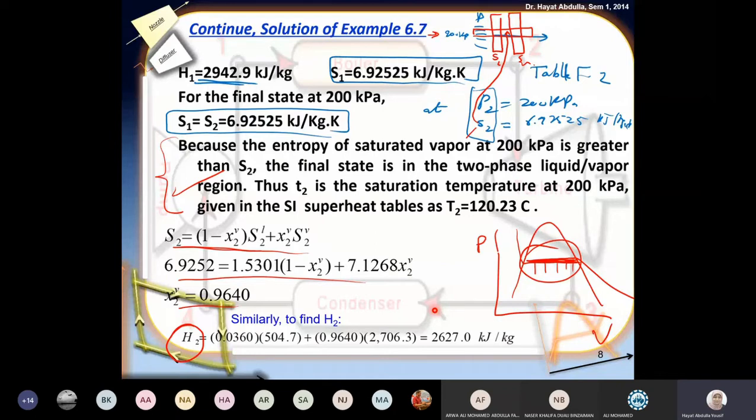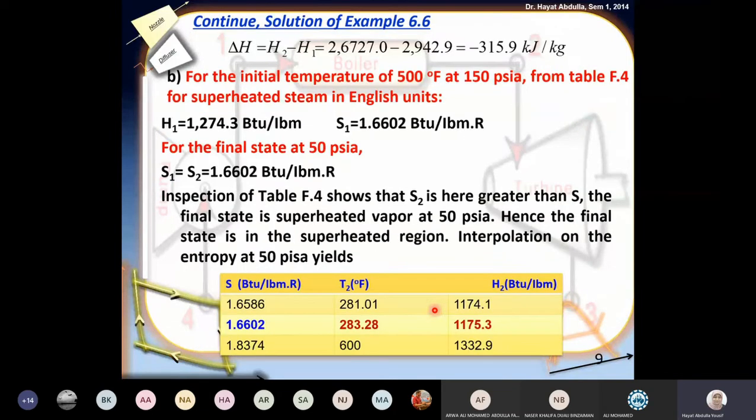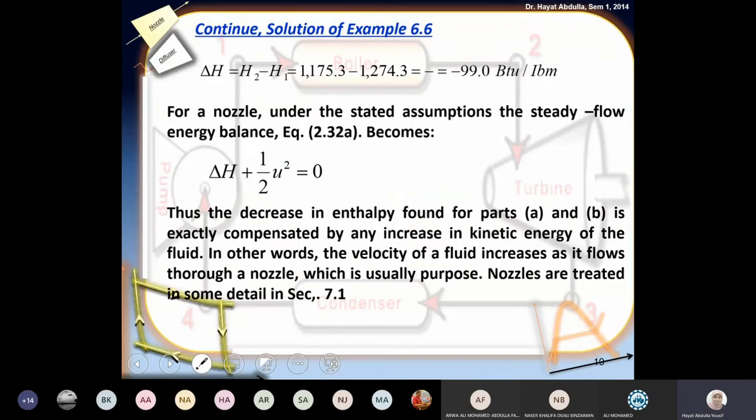Then what if they ask for applying the first law of thermodynamics? I'll just skip part B because it's exactly the same procedure, but I want to show you further calculation. If they ask you, for example, to find the velocity at the outlet, then you will apply the first law of thermodynamics.